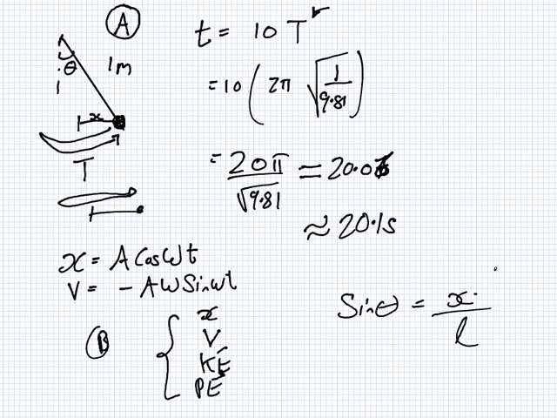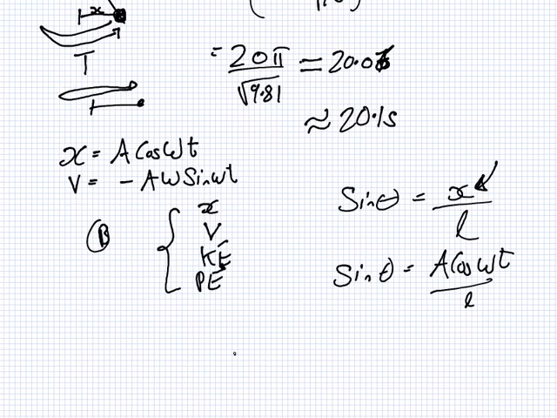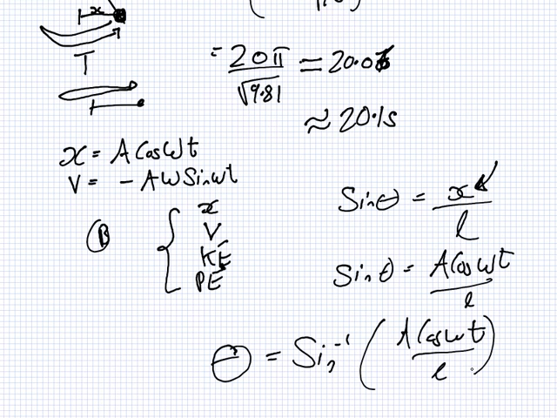Do you have a formula for x? You do. So you could say sine theta equals a cos omega t over L. So theta is sine inverse of a cos omega t over L. If I tell you the L, I don't need to tell you the omega because you have a formula for the omega.